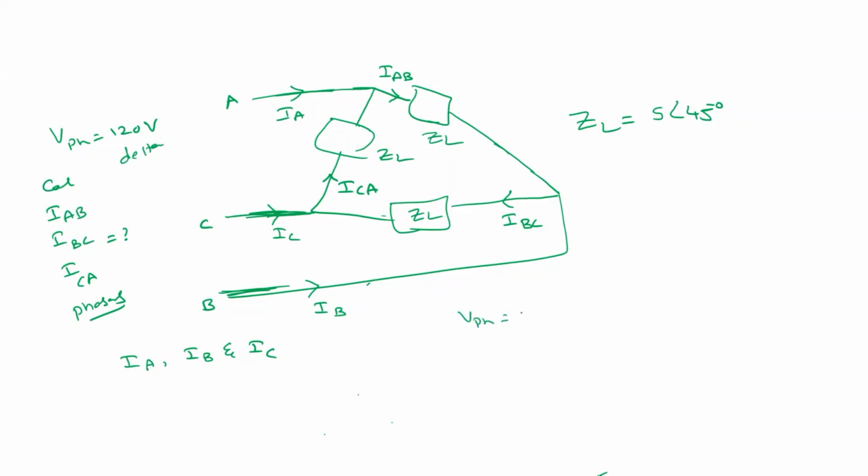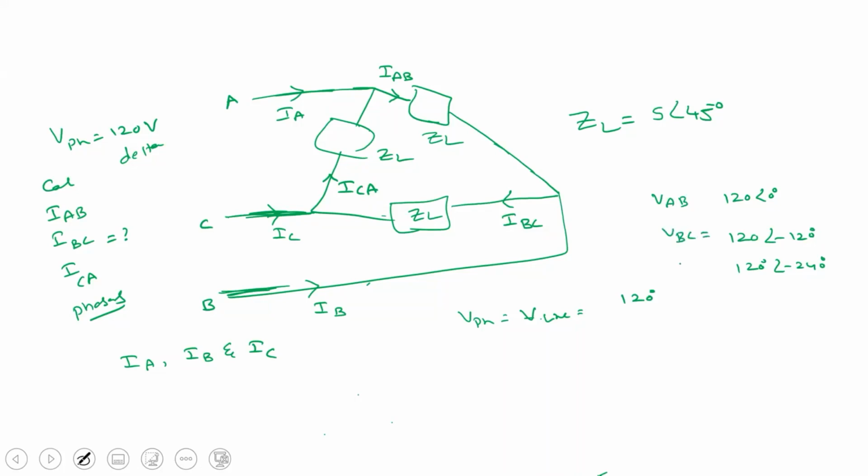That means V phase is also equal to V line, which is 120 volts. So we have 120 volts at an angle 0, 120 volts at an angle minus 120 degrees, 120 volts at an angle minus 240 degrees. These are the phase voltages or line voltages, right? So this will be VAB, VBC, and VCA. Agree?